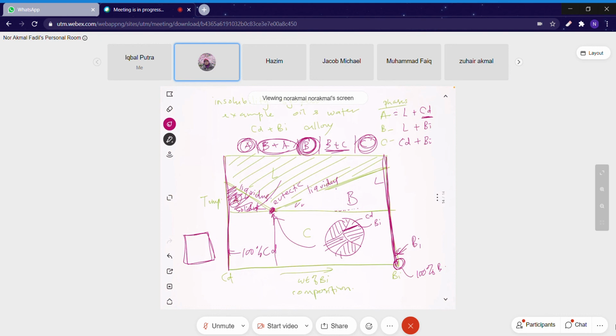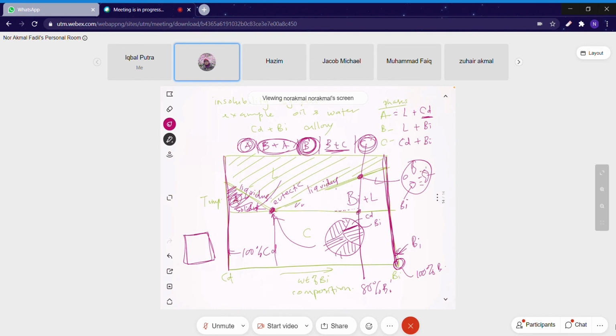This is the eutectic alloy of bismuth plus cadmium. So if you have about 80% bismuth, what happens here is that primary bismuth forms, because here we have bismuth plus liquid. At this point, let's say this is bismuth and this is liquid.